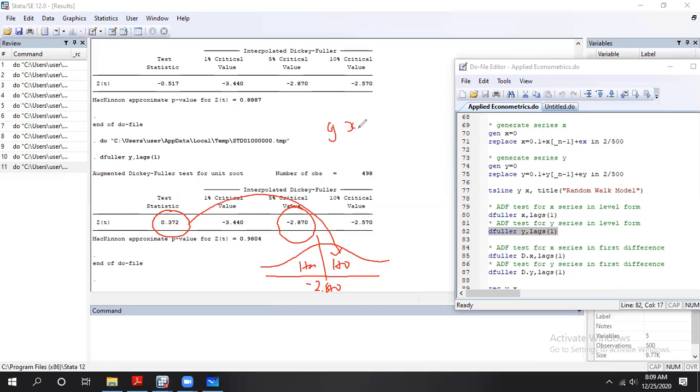For the X we fail to reject H0, and for the Y we also fail to reject H0. So these two data, X and Y, are non-stationary in level form.